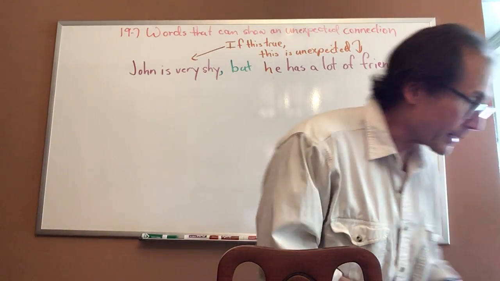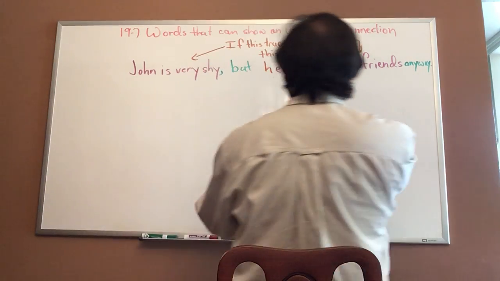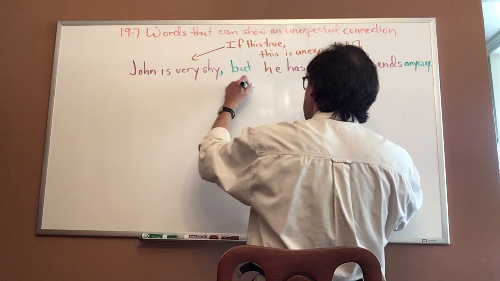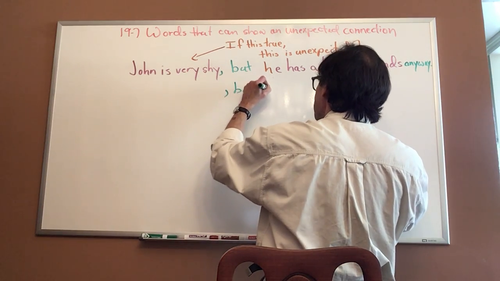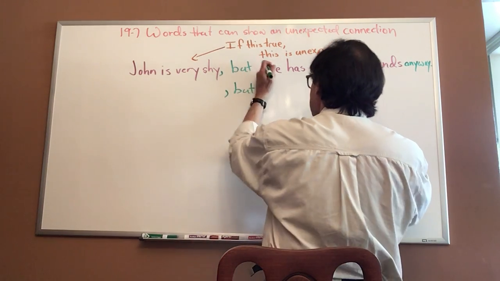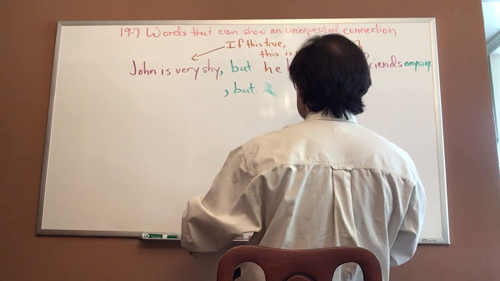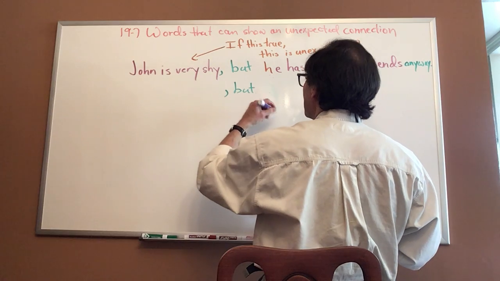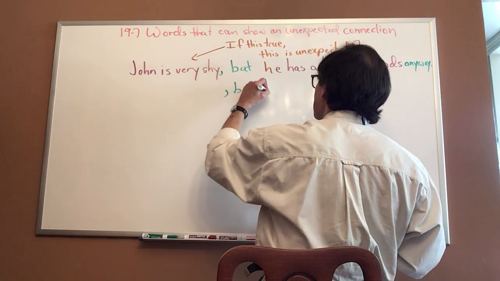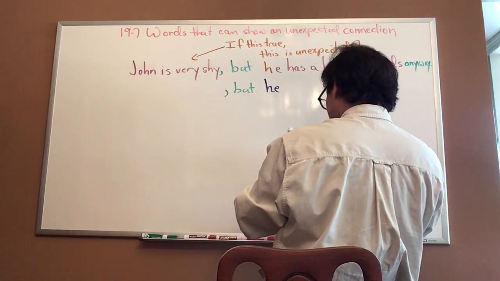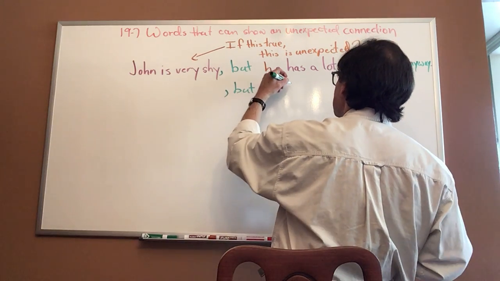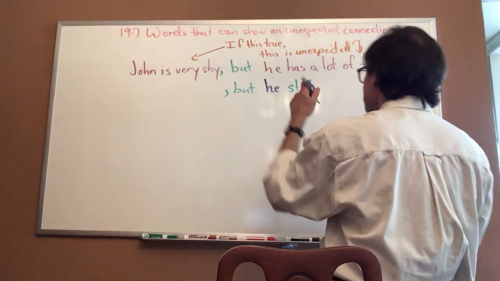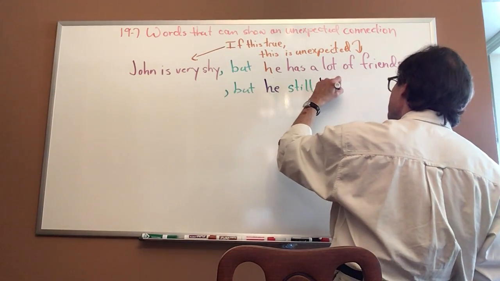So another way that your book shows is you could use but and then add the word still. Let me use these same colors here. I could say, John is very shy, but he still has a lot of friends.